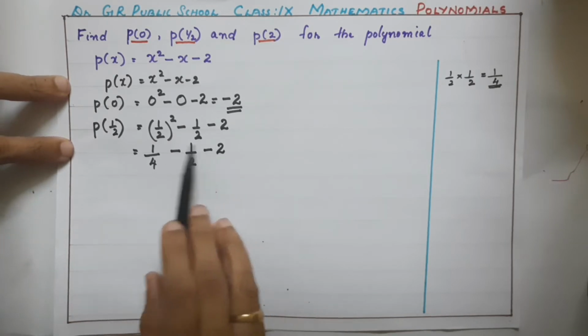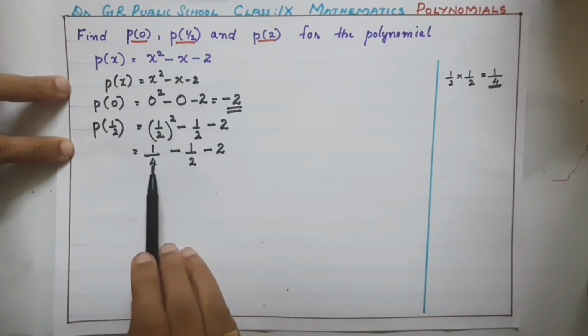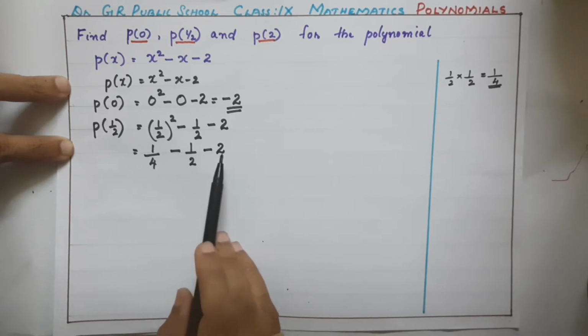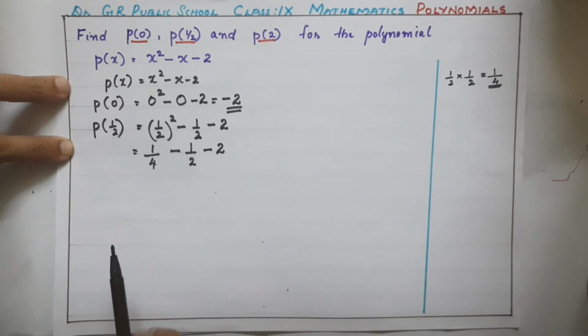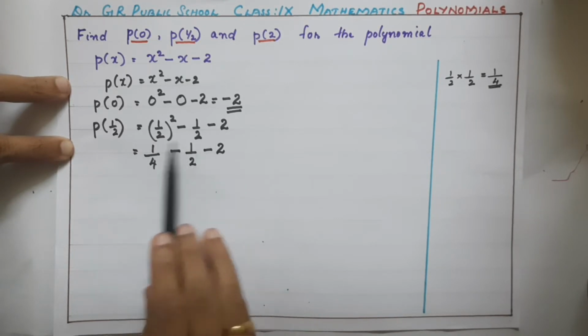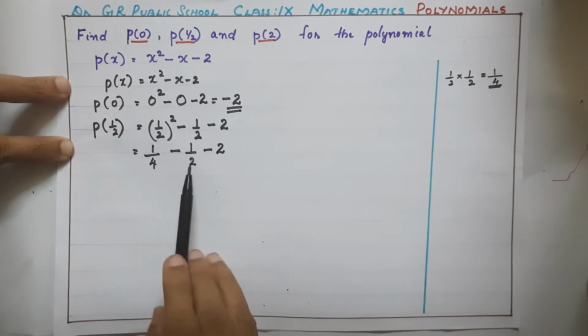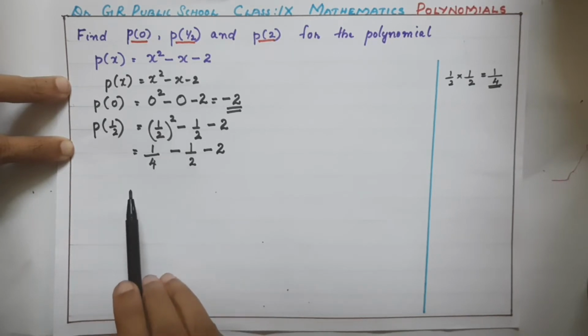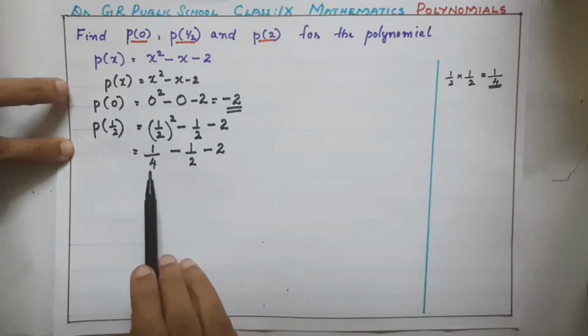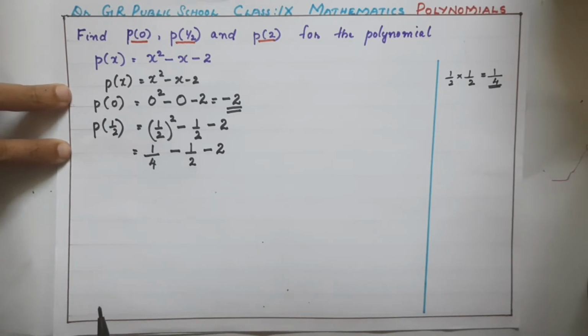Now we have to simplify. But here we have rational numbers 1 by 4, 1 by 2. Then we have 2. So what we have to do when we have this rational form for simplification? We have to take LCM. LCM of the denominators, and then we have to write the common denominator.